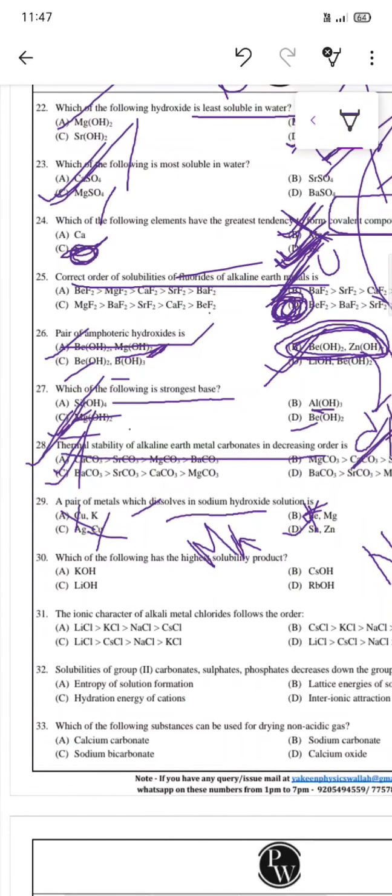Which of the following has higher solubility product? I don't know this, because how can you say? 30. High solubility product, maximum solubility product, size increases.